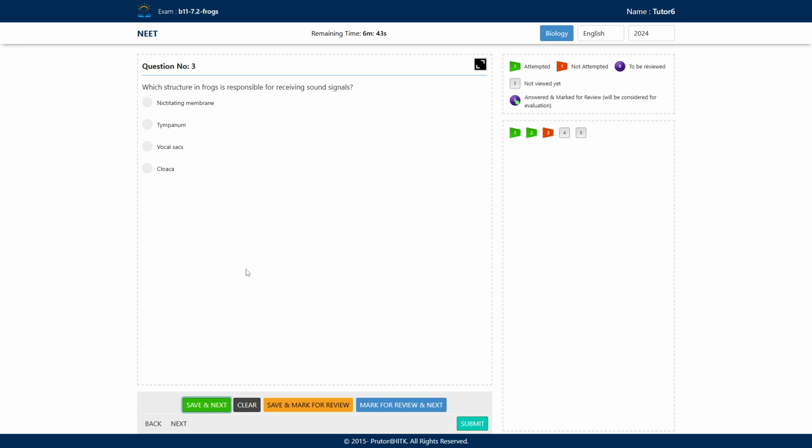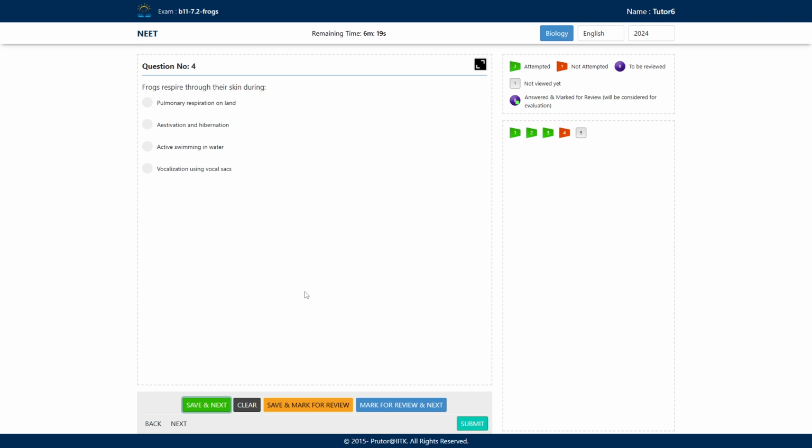Vocal sacs are the organ present in the neck region that is responsible for producing sound, and the male frog produces sound to attract the female frog. Cloaca is related to the removal of excretory, nitrogenous substances. So C is the correct answer. We will save and move to our next question.